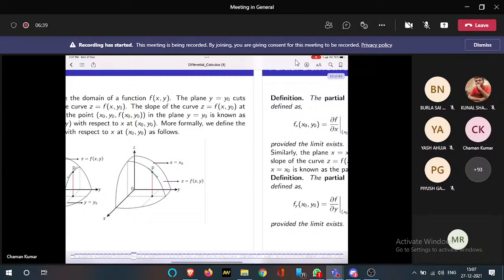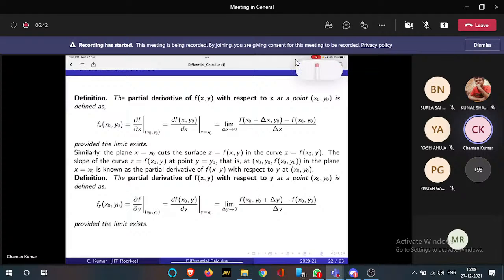So now we can mathematically define partial derivative. This is the definition of the partial derivative. So we said that for partial derivative with respect to x, we fix the value of y. So y is fixed at y is equal to y naught. This is fixed. Okay.